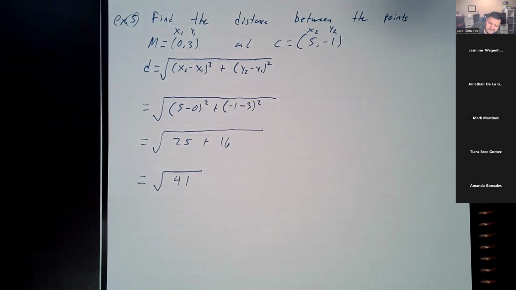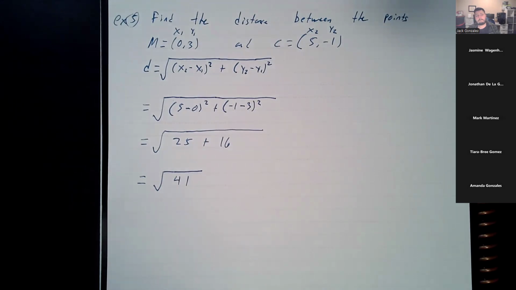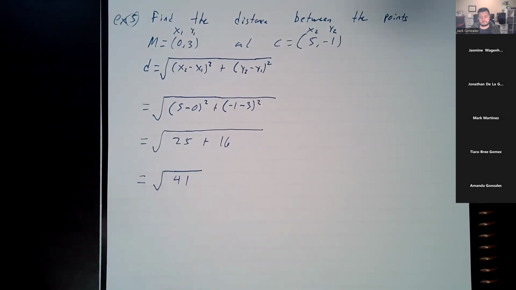So, is that square root pretty? I don't think so. Nah, that's it. And that's the distance. Do you want the actual decimal? You punch it in your calculator. The question says not a decimal approximation, so they want this.